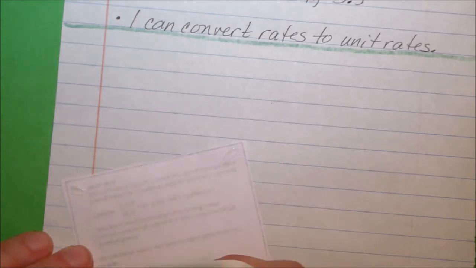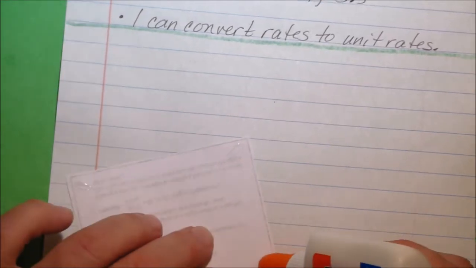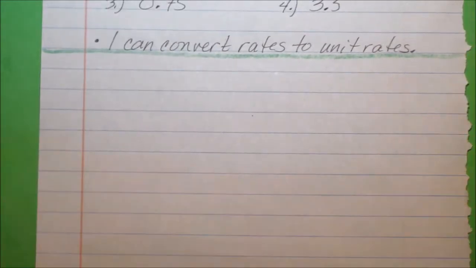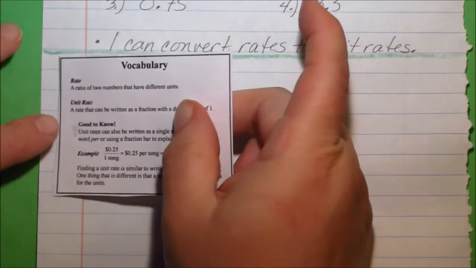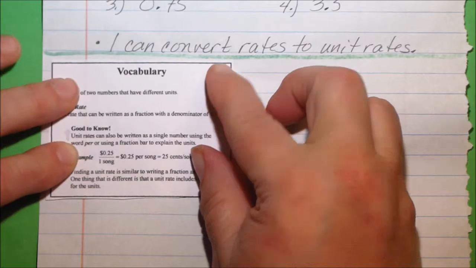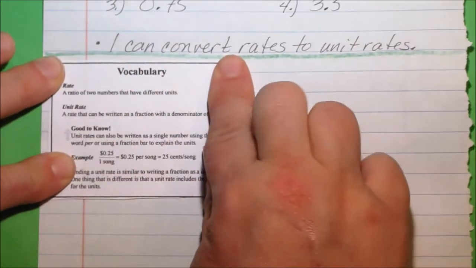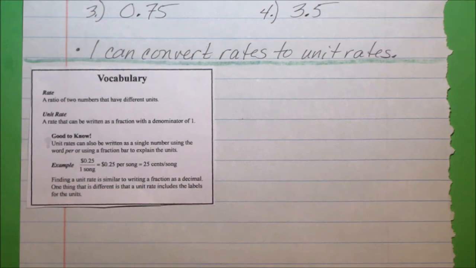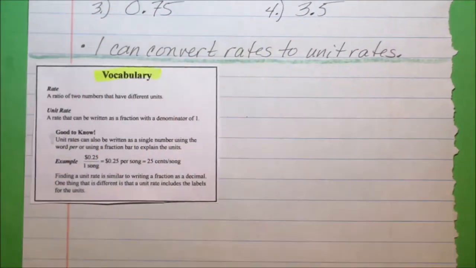So it will go in its usual spot, and then we'll talk about the differences between rates and unit rates. All right, press it, hold for a second, and yellow highlighter highlights vocabulary, and pink highlights our vocabulary.